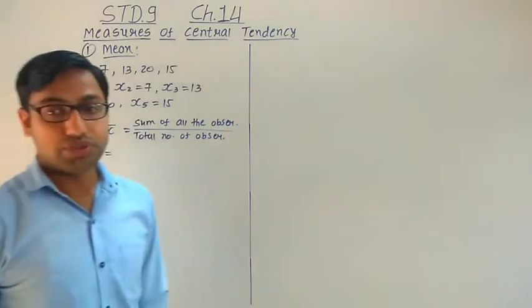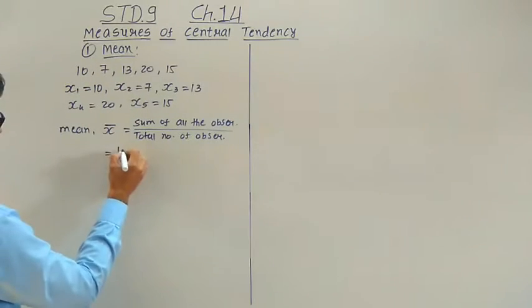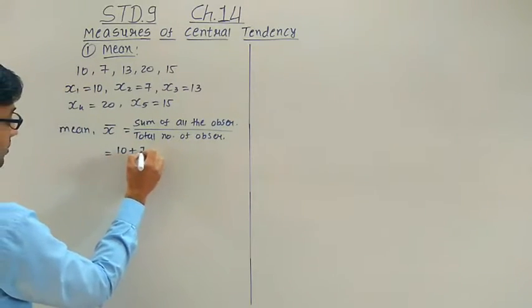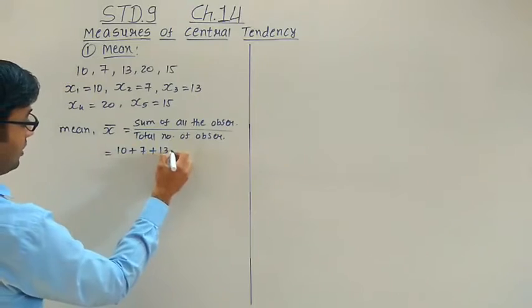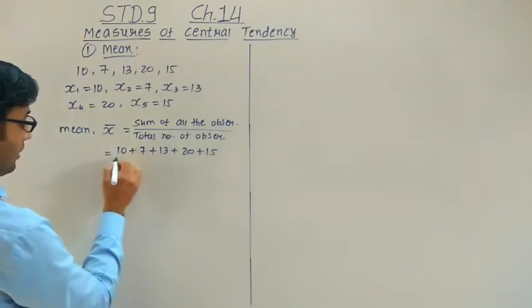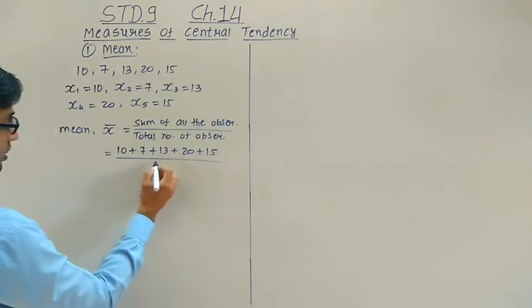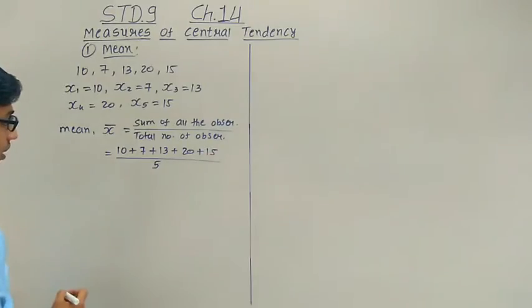Total 5 observations are there. So here sum of all the observations means add all these observations, 10 plus 7 plus 13 plus 20 plus 15, and here the total number of observations. How many observations are there? Total 5.